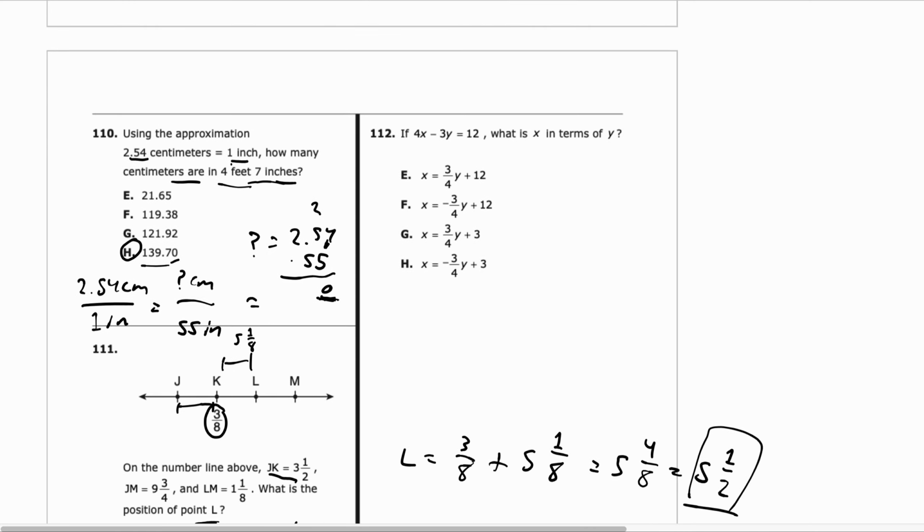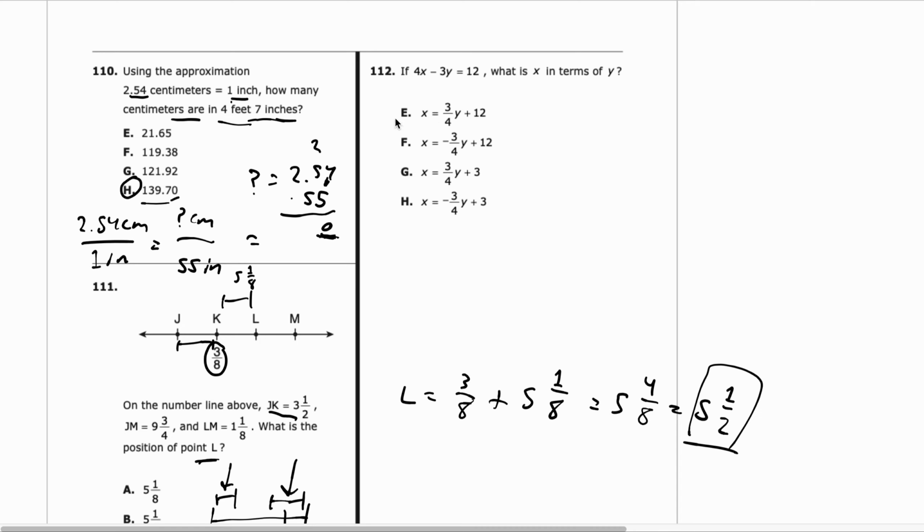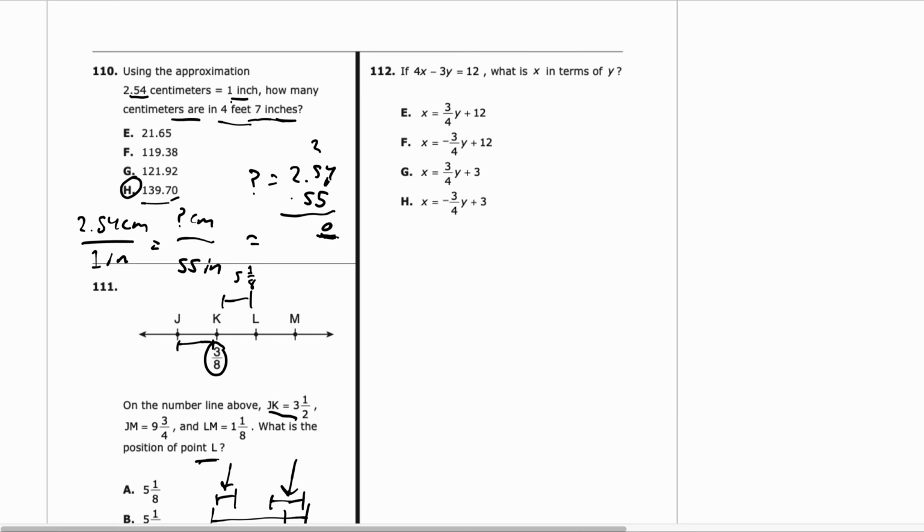Okay, so now 112. So let's erase this. So if 4x minus 3y is equal to 12, what is x in terms of y? So we're solving for x basically. So we have 4x minus 3y is 12. So now we want to solve for x.